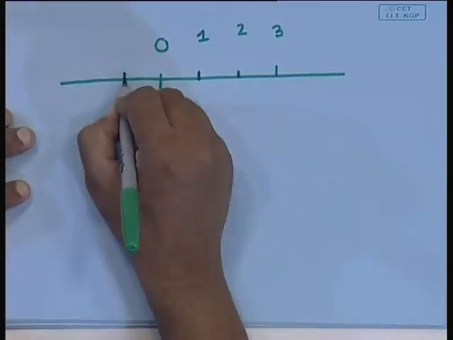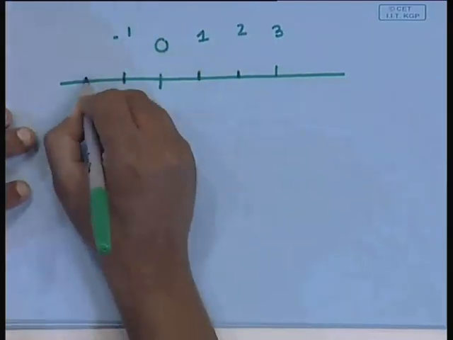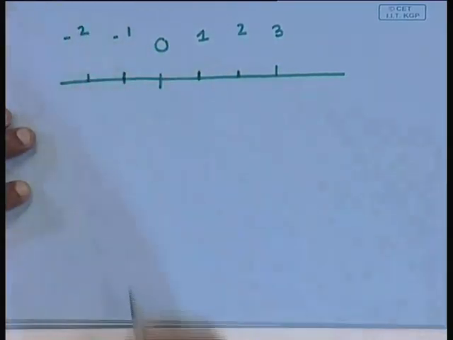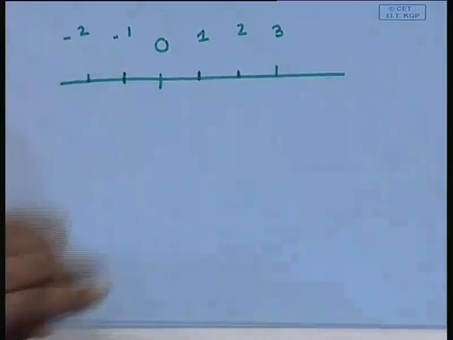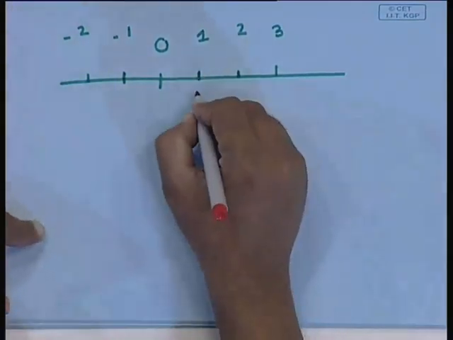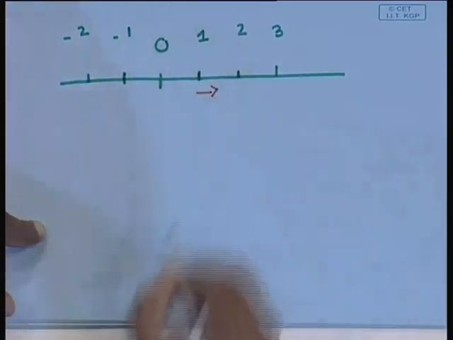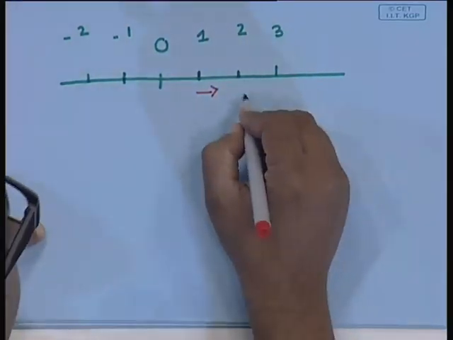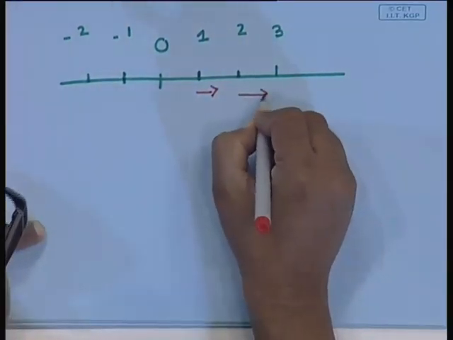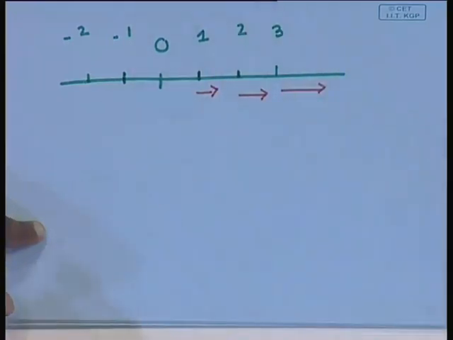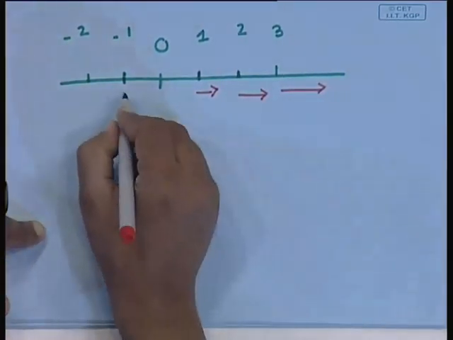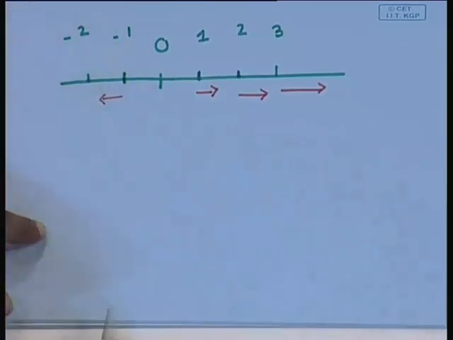Now, consider another galaxy at -1, another one at -2, and so forth. Now, Hubble's law tells us that for an observer sitting here, this galaxy will have some velocity, and the galaxy over here will have twice the velocity, the galaxy over here will have 3 times the velocity. Similarly, the galaxy over here will have a velocity in the opposite direction, and so forth.